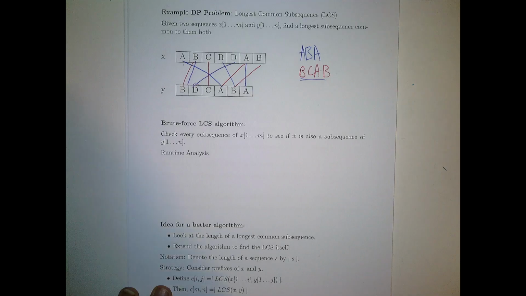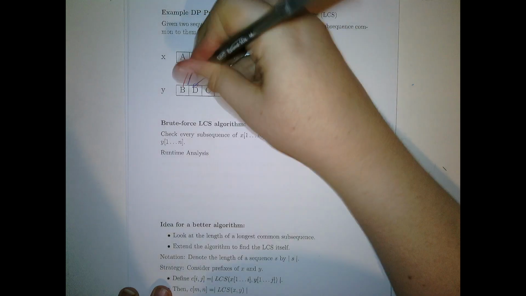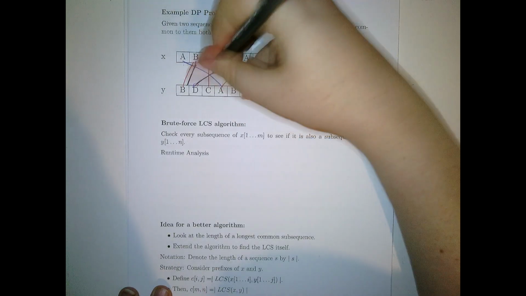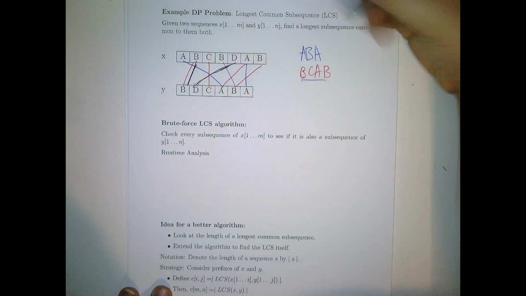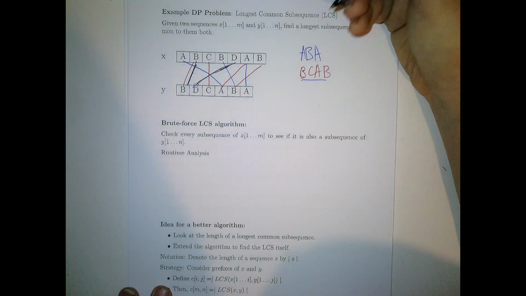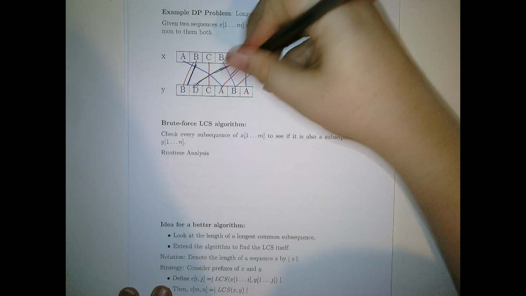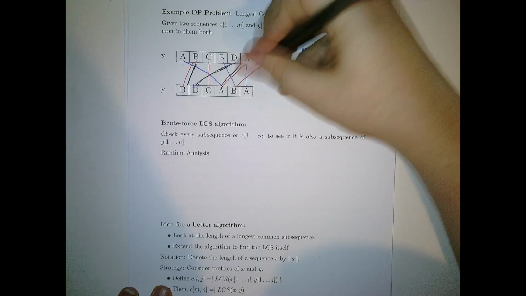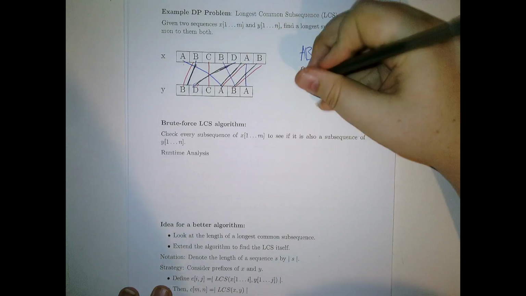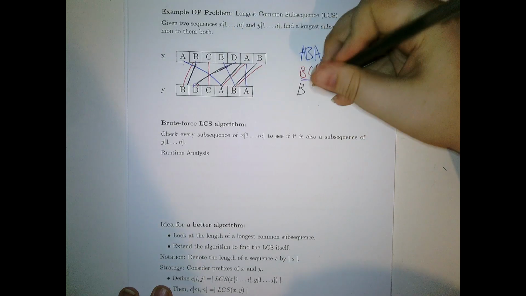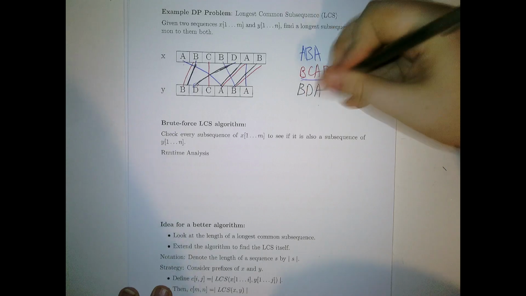I think the color doesn't show up that well, so let me use a black just to make it a little easier to see. So we could do B and B, D and D, but then we only have 2 characters left here. So this is going to end up being A and B again. So there's another sequence, B, D, A, B, right?